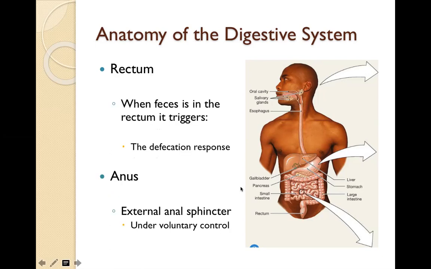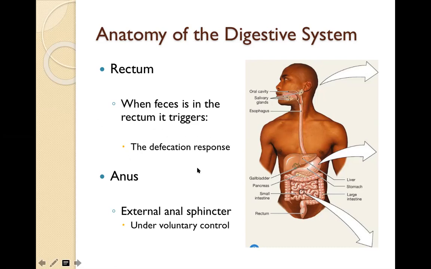The last two parts of the digestive system are the rectum, which is where feces sort of ends up before it's eliminated, and the anus. When feces enters the rectum, there is the defecation response.